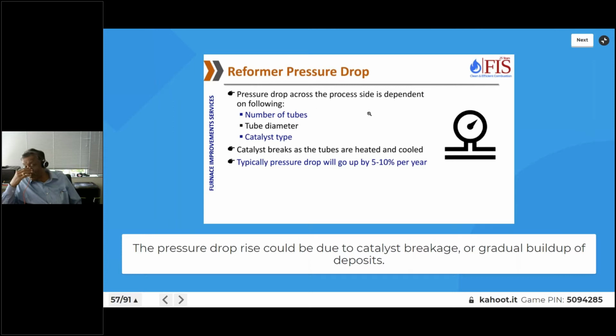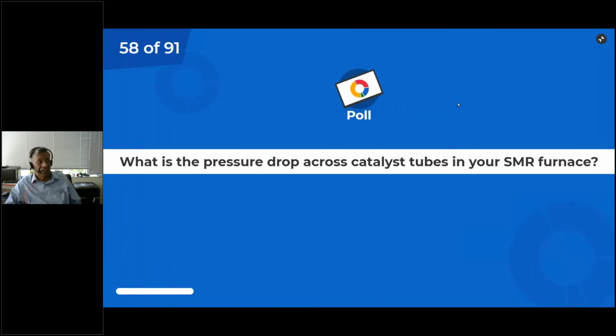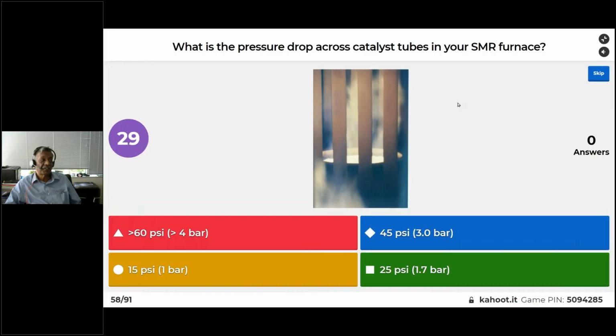So reformer pressure drop again is an important parameter, depends on the number of tubes, tube diameter, and catalyst types. Those are the three parameters. So let's find out from all of you what is the pressure drop across that catalyst tube in your SMR furnace.